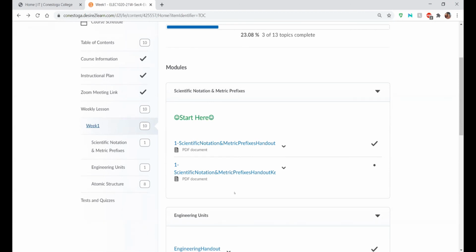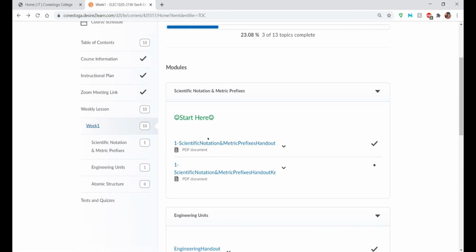Rather than going through a big chunk of information, I'm going to break the course into very small chunks so you don't get overwhelmed and you can master each individual chunk. If you have questions on that specific topic, you can stop and ask without having to worry about all the other information in the same handout.